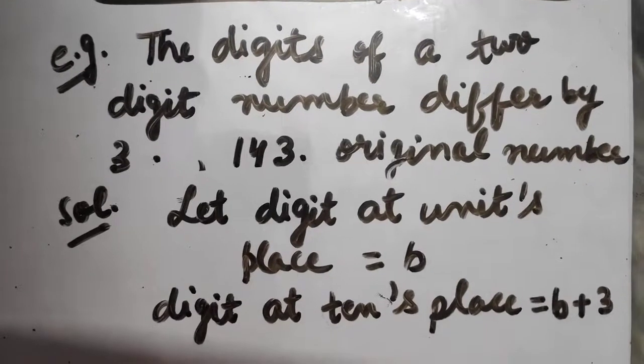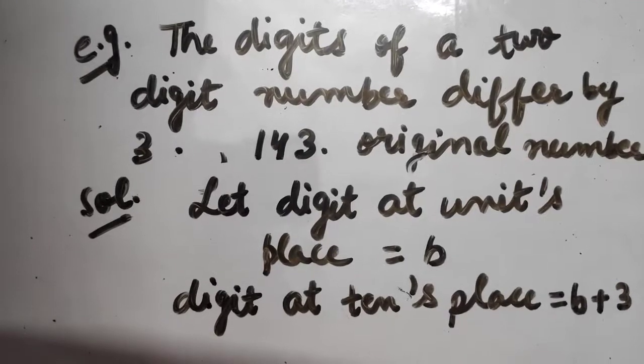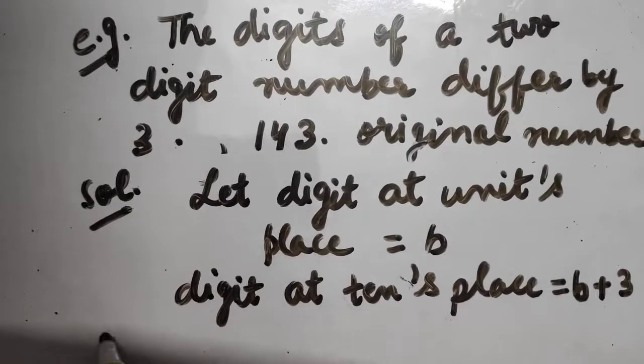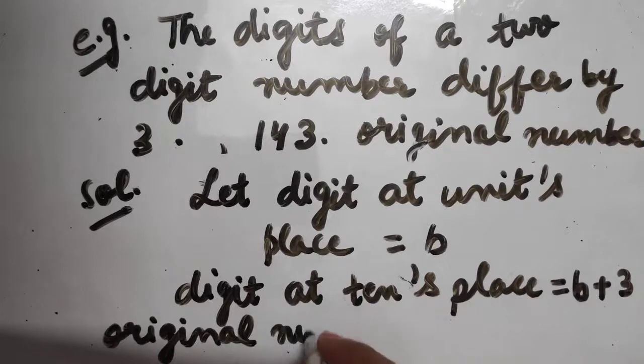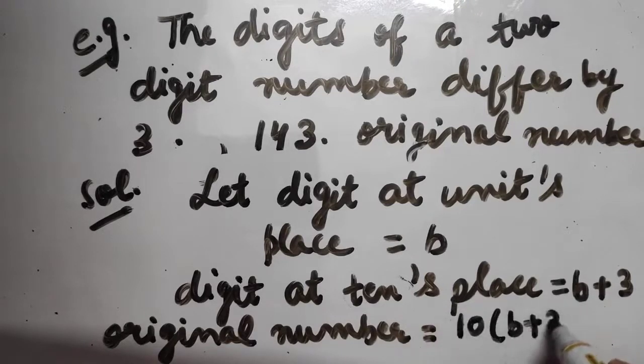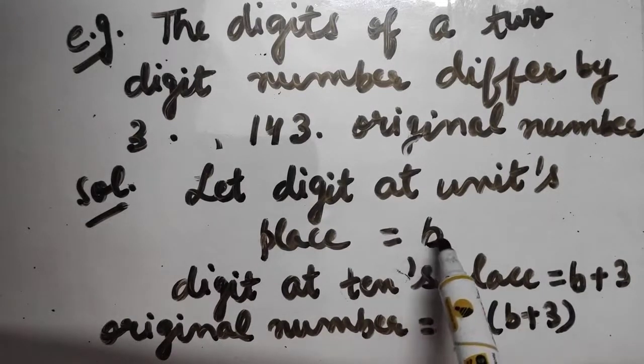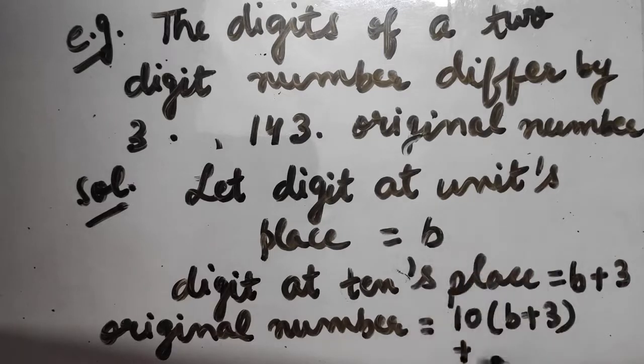Now as we have made the number by multiplying the digit at tens place by 10 and the digit at units place by 1, I will be forming the original number. Now the original number will be equal to, I am multiplying the digit at tens place by 10, that is 10 into (B plus 3), plus, now I am multiplying the digit at units place by 1, so it will be 1 into B or B into 1.